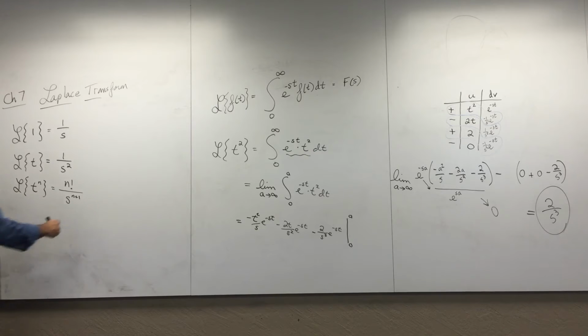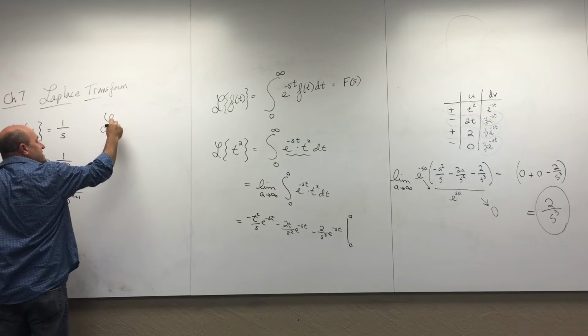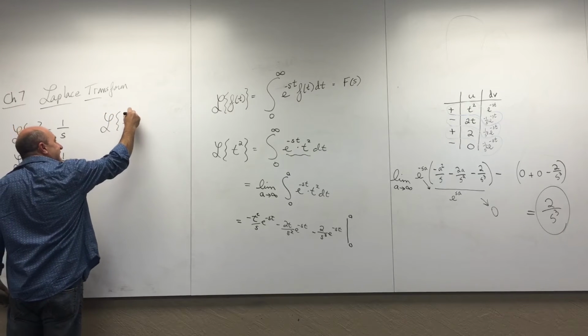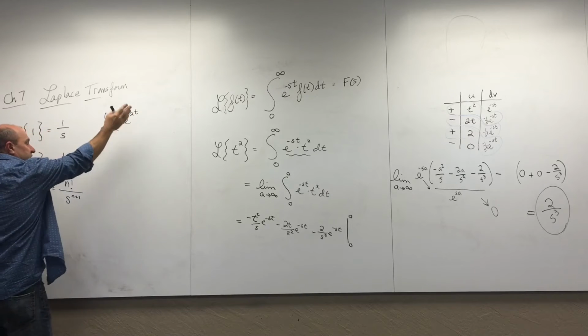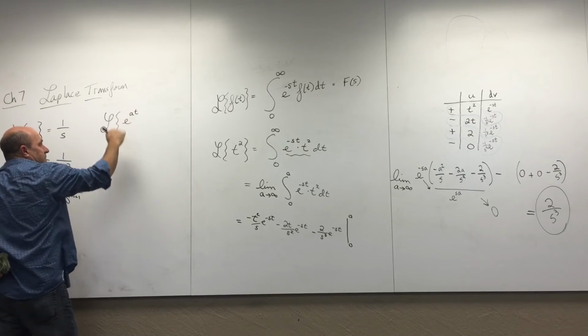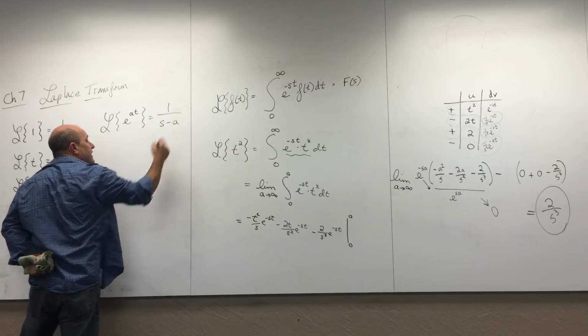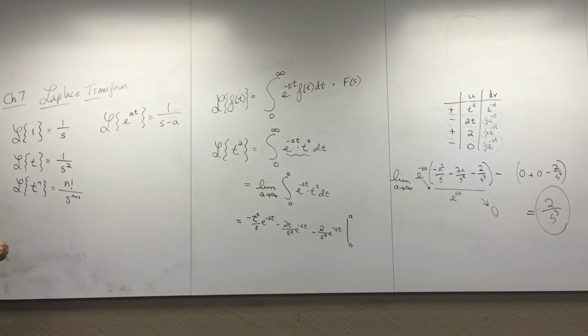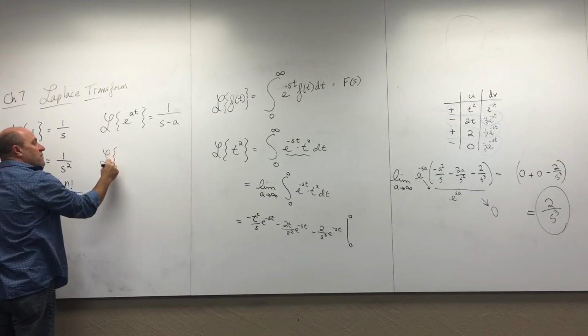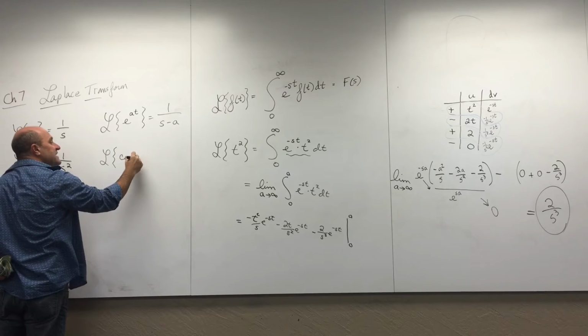Let's do some other famous ones. Here's one. The Laplace of an e to the at. Now, this is just any number times t. The rule is 1 over s minus a, I think. The Laplace transform of a cosine kt.